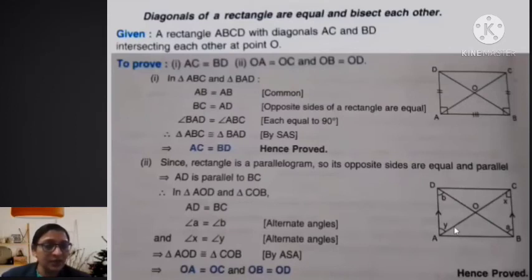Angle X equals angle Y, this is another pair of alternate angles formed due to the other diagonal. From this, it proves that triangle AOD is congruent to triangle COB by the angle side angle test. And hence, it is proved side OA equals side OC and side OB equals side OD.